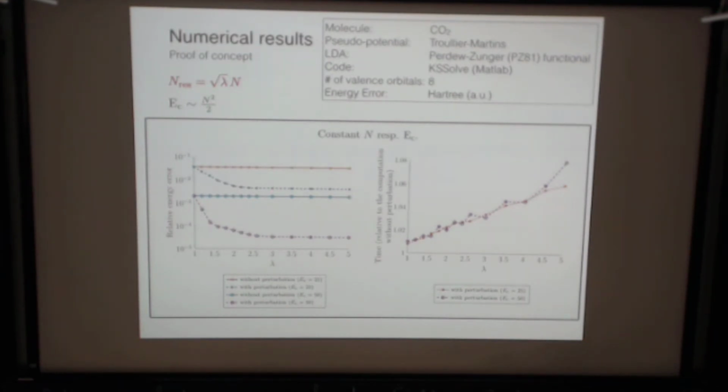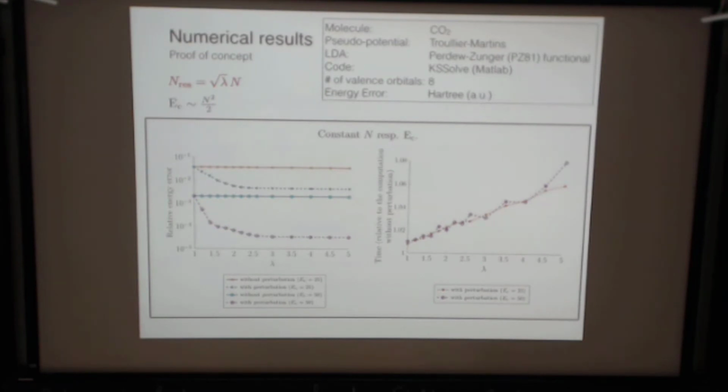Since this gap is asymptotically increasing because it's an n to the minus 2 that we're gaining, if we increase the n here, we now gain almost 2 orders of magnitude. And the interesting fact is that the computational time that you spend for going from here to here is about 3%. This is the time relative to the computation without perturbation.